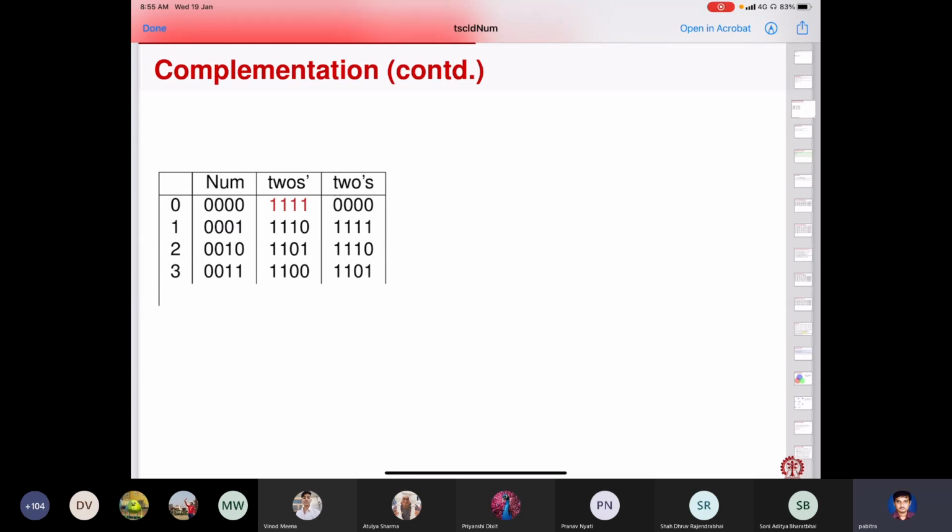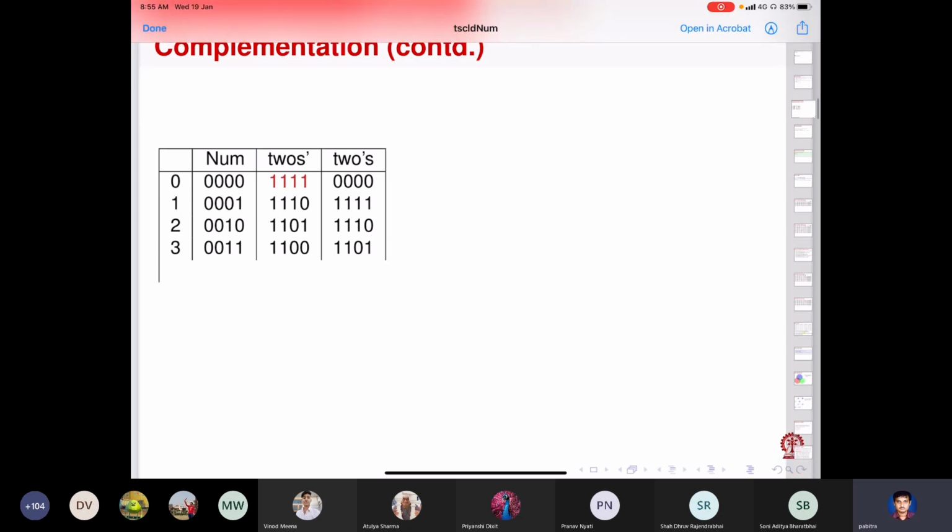Sorry for the disruption. What you see is that we have done something very simple. We have basically complemented every bit, then added one to it and taken the modulo. The highest digit is 16, so you take a modulo 16 operation. That's all we have done.